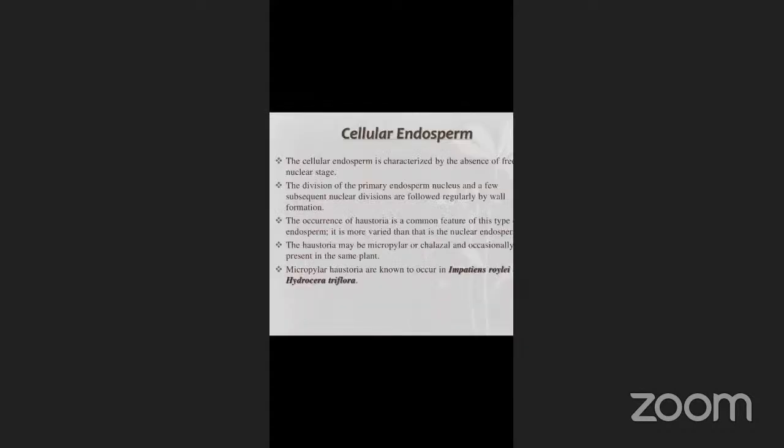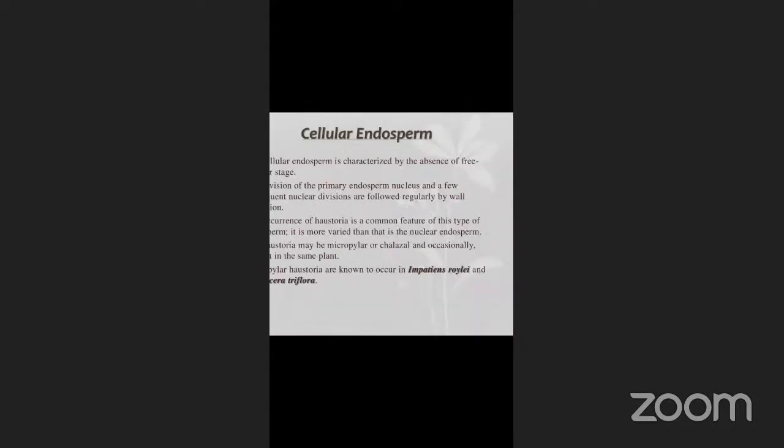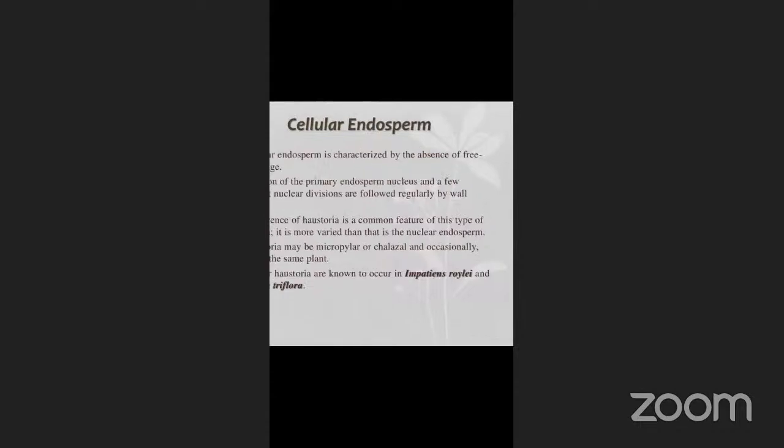That is helobial, nuclear, and cellular endosperm. This is the three types of endosperms.